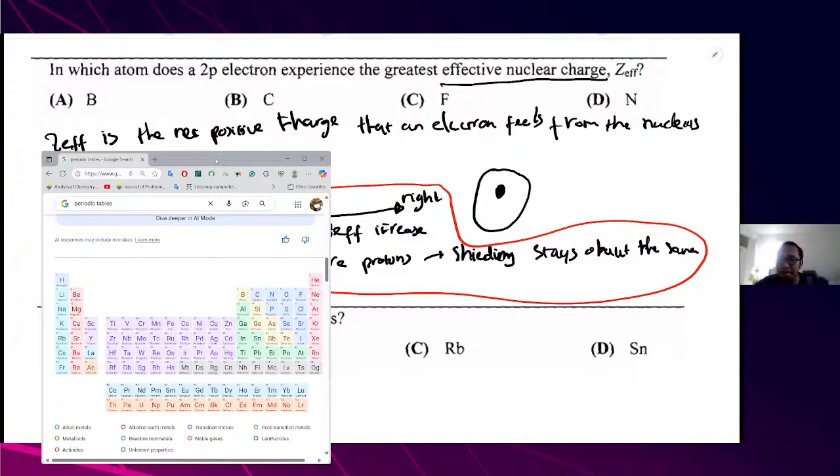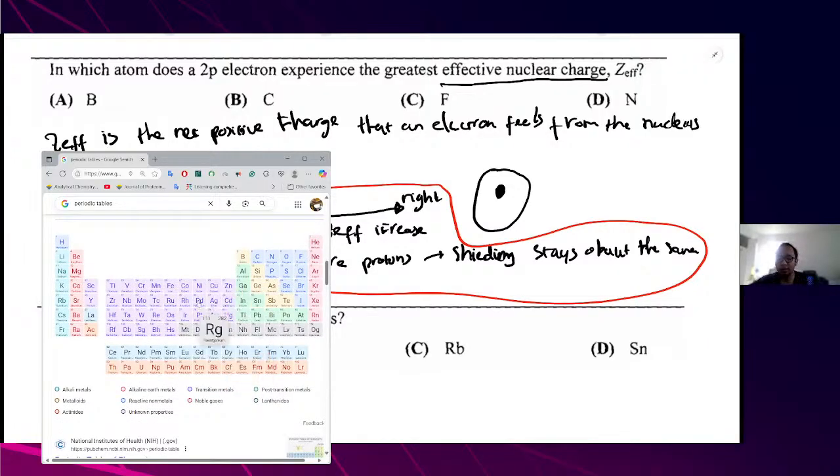In this periodic table, the options are B, C, F, and N. All of them are in period 2, left to right.